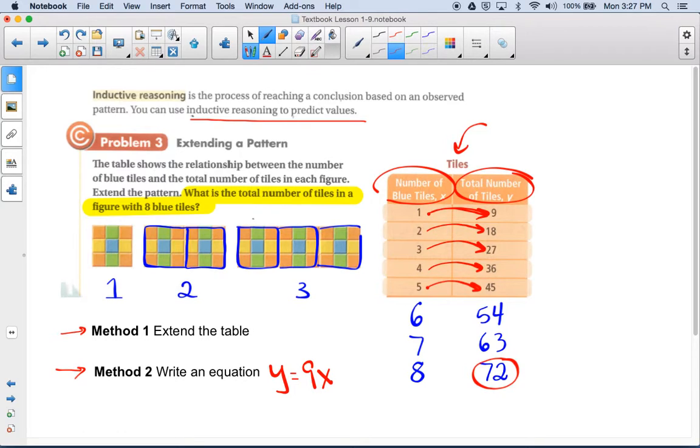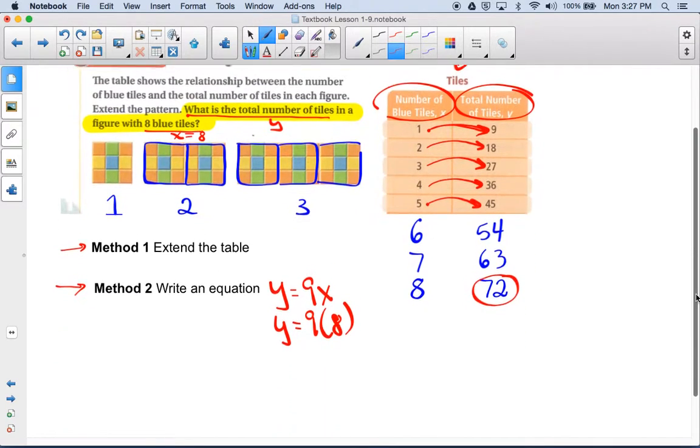So back to our question here in yellow, what is the total number of tiles in a figure with 8 blue tiles? So what we're looking for is the total number of tiles. We're looking for y when we have 8 blue tiles. That's when x equals 8. So I'm going to plug in x equals 8 here and figure out what y is. 9 times 8.